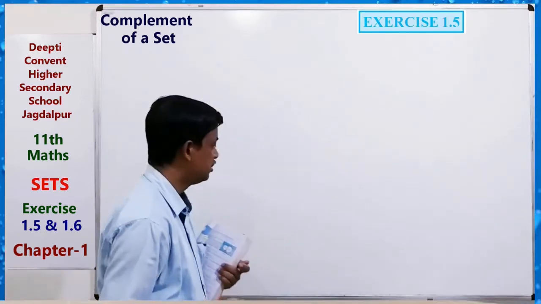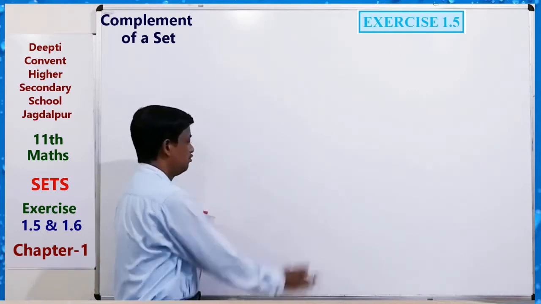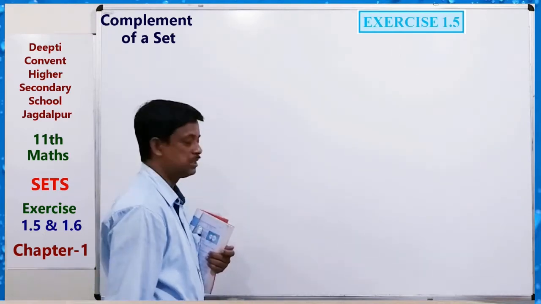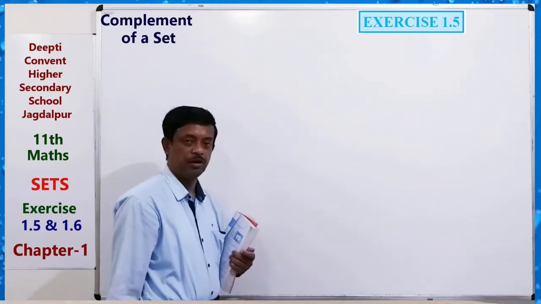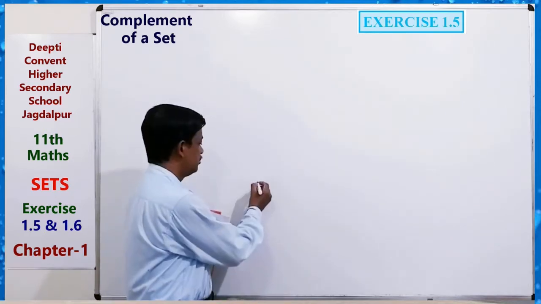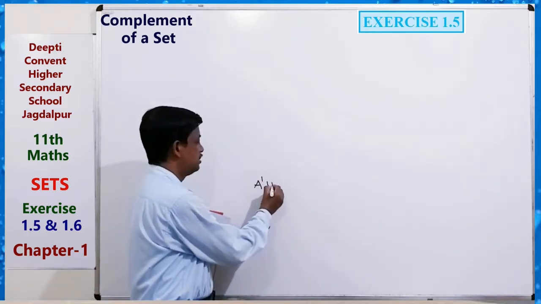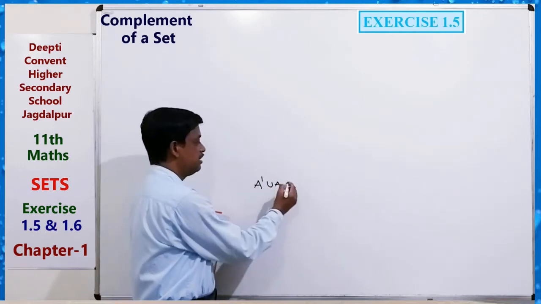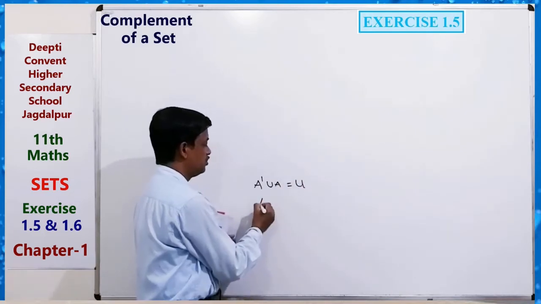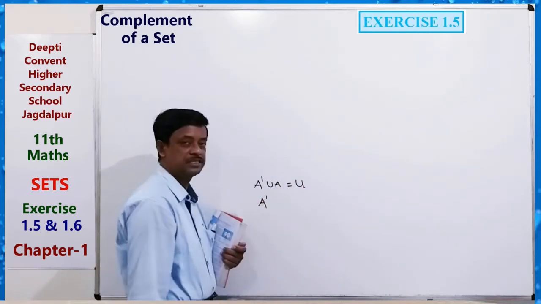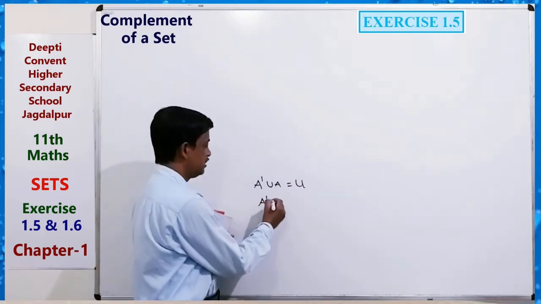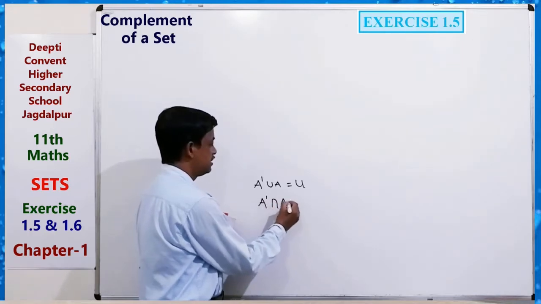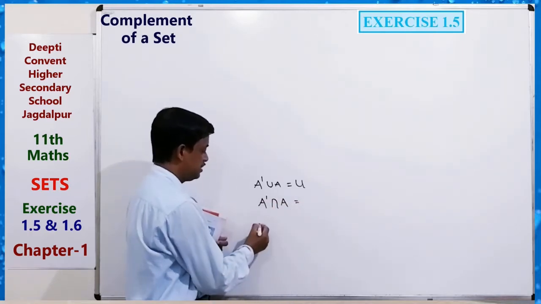Also there are basic properties of complements. We know A dash union A means what? U. A dash intersection A means what?